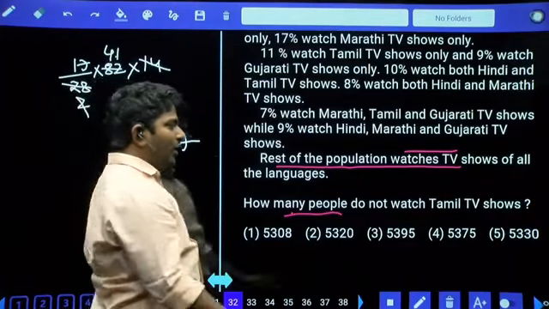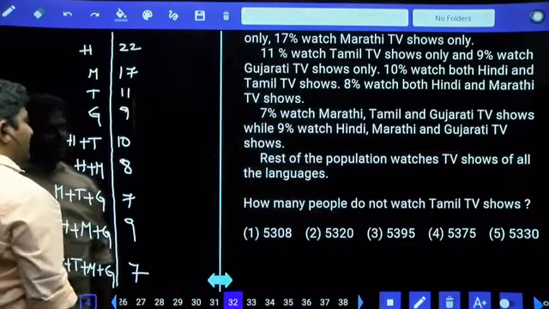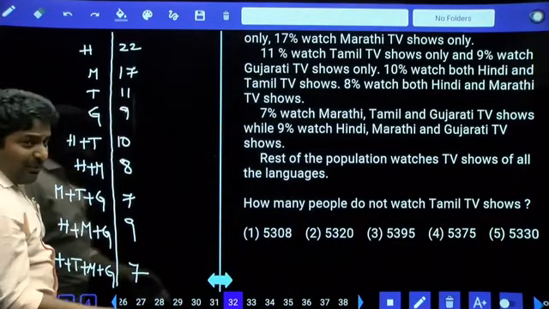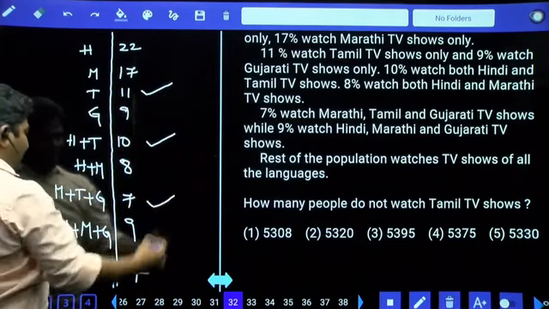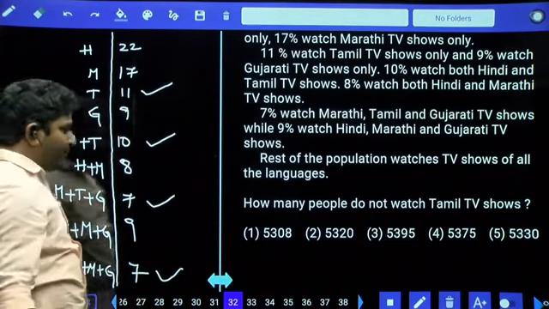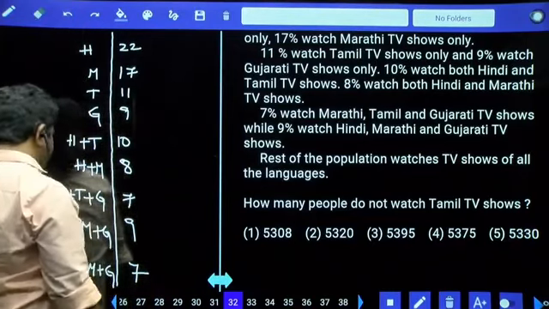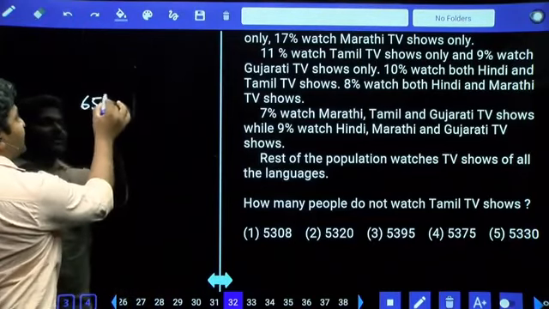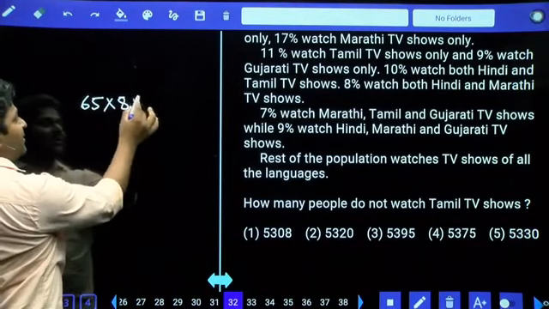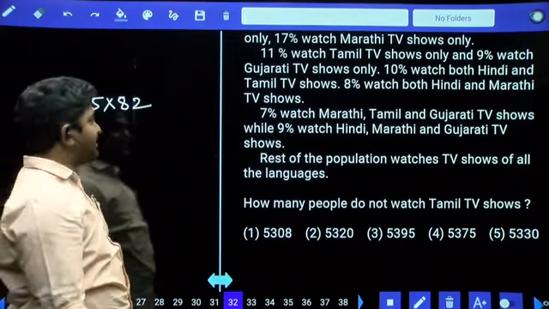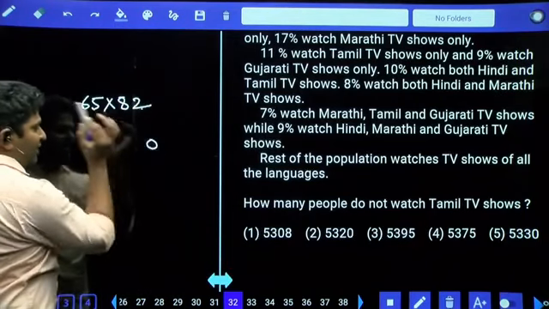How many people do not watch Tamil TV shows? Those who like Tamil are 11, 10, 21, 28, 28 plus 7, 35. If 35 percent watch Tamil TV shows, 65 percent do not watch. 65 into 82, where 1% is equal to 82. 5 into 2, answer should end with 0.